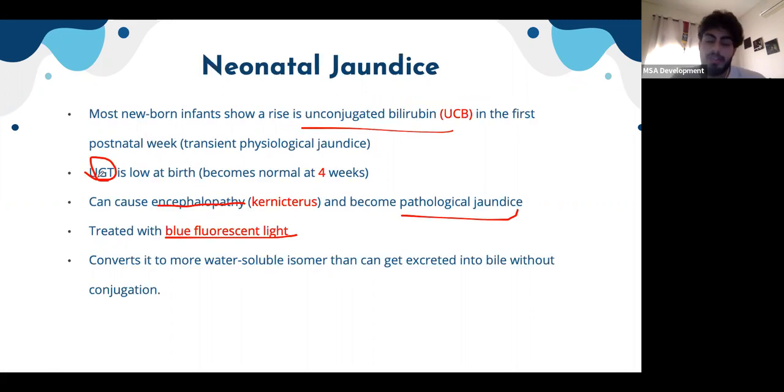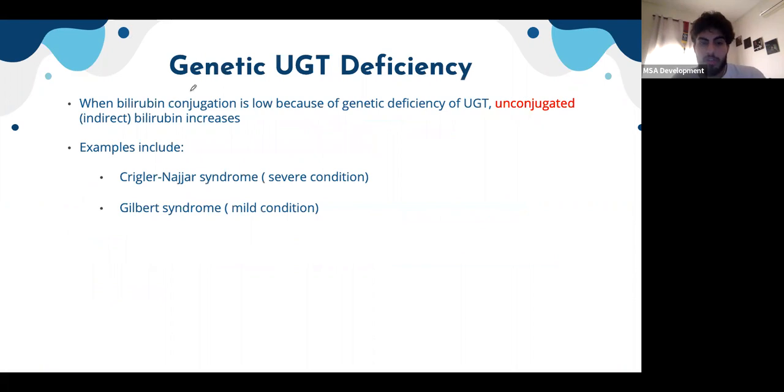Under neonatal jaundice, we also talk about genetic UGT deficiency. When we're talking about UGT deficiency, we're talking about low conjugation of bilirubin due to a deficiency in the genes, and we get increased unconjugated bilirubin in the body.